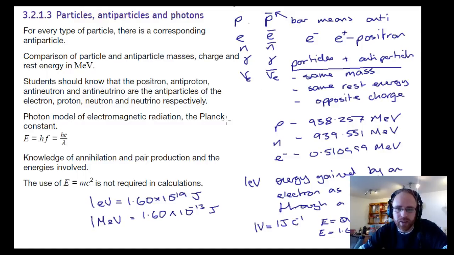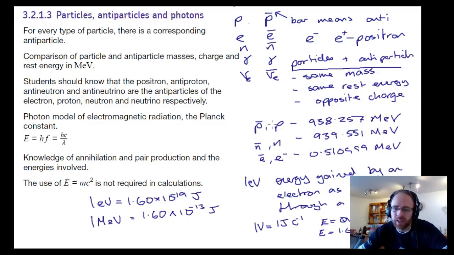So this is all about particles and antiparticles. Protons, antiprotons, electrons, anti-electrons, neutrons, antineutrons, neutrinos, antineutrinos. Their rest energies, so we can add on here, anti-neutron, anti-electron.